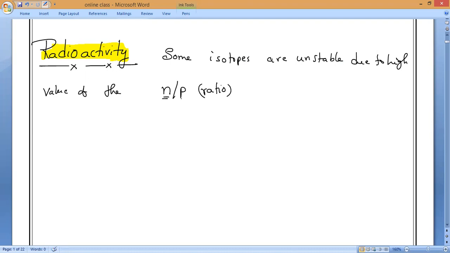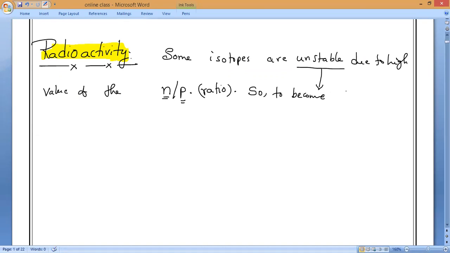N means what, guys? Number of neutrons. And P means number of protons. So now they are unstable or stable? Unstable. So to become stable, they want to be stable, they will emit some radiations. That is what we call radioactivity.